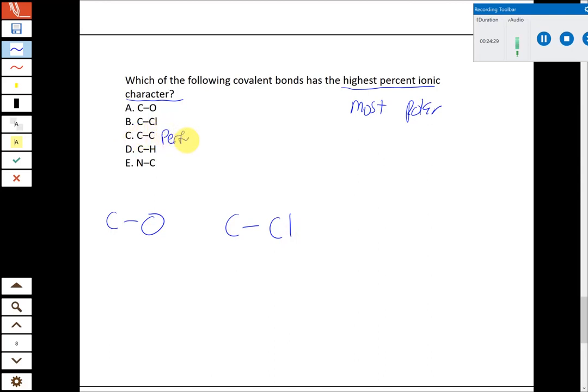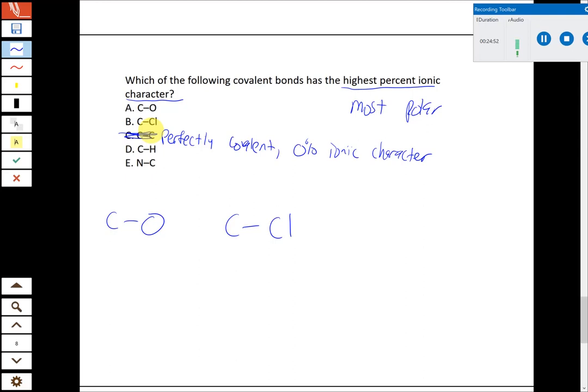This one is going to be perfectly covalent, and thus it's going to have 0% ionic character. So anything that's the same atom bonded to itself, or 2 atoms with the exact same electronegativity, as can sometimes happen, that would be a nonpolar bond, or it would have no ionic character. So choice C we can get rid of because it's a completely nonpolar bond.